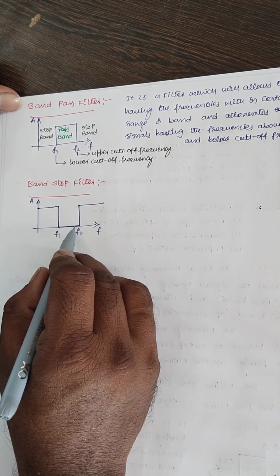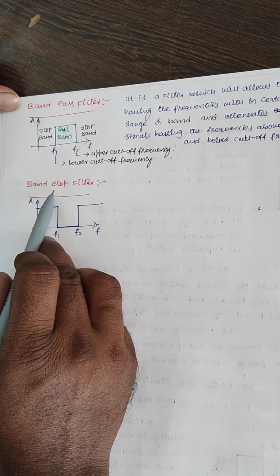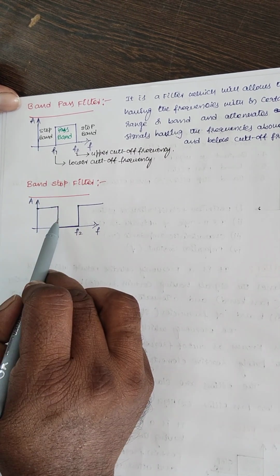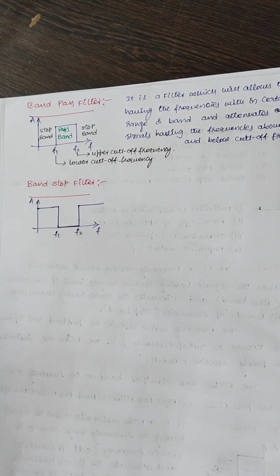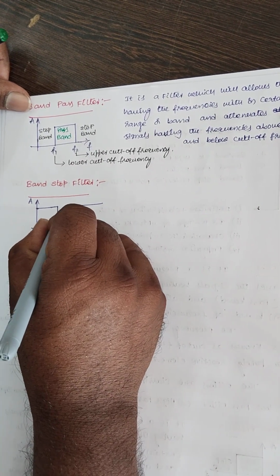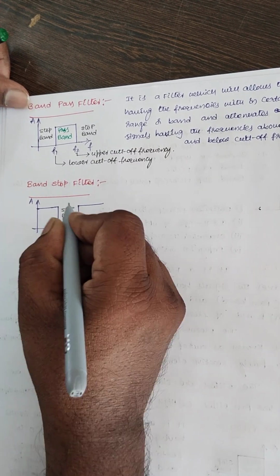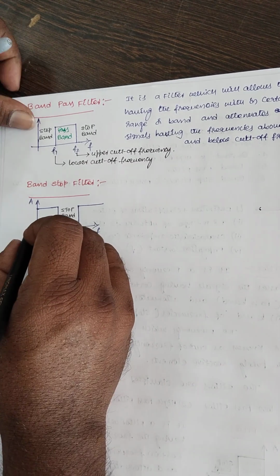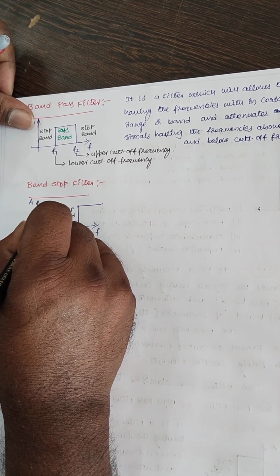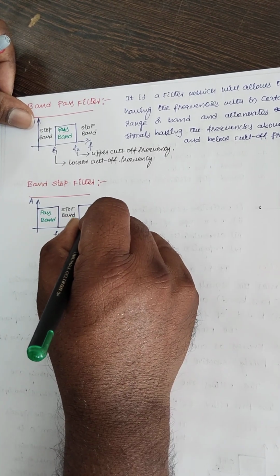For this band of signals, it stops or attenuates the signals. That is the reason why it is called the band stop filter. This is the stop band, and these are the pass bands.